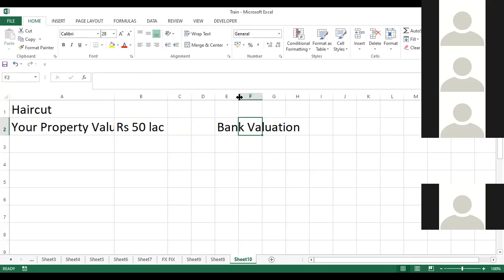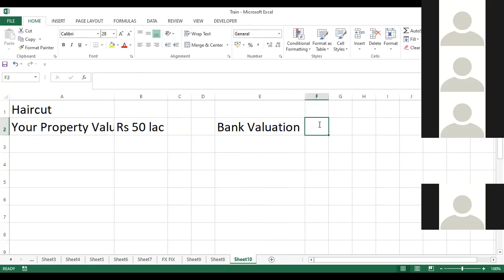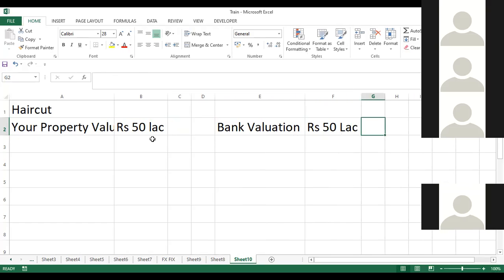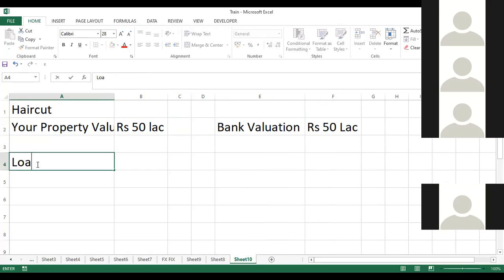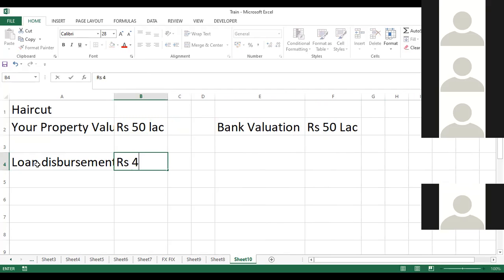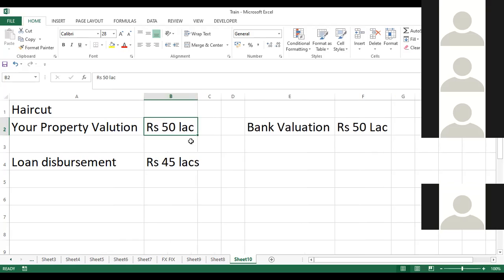The bank valuation is also, they see it as rupees 50 lakh only. So the valuations are the same. But while they are disbursing, the loan disbursement is rupees 45 lakhs. Right? So they're not going to disburse your entire 50 lakhs. They're just going to disburse 45 lakhs.